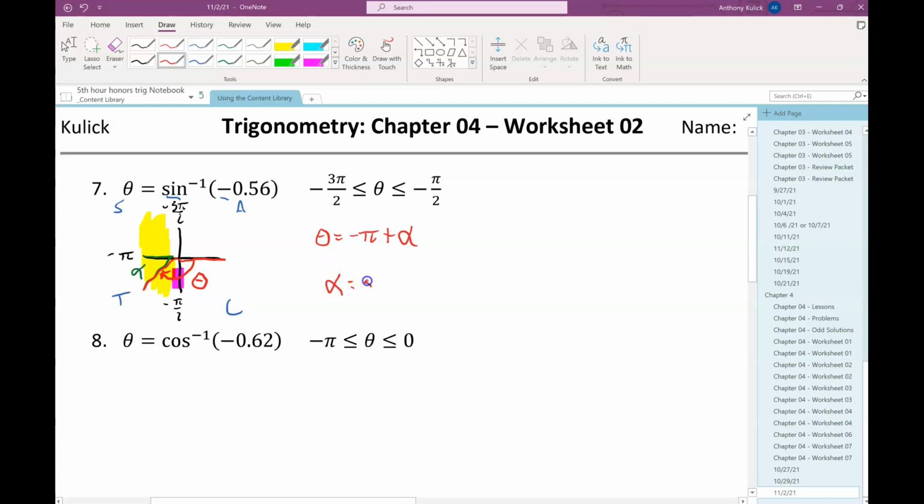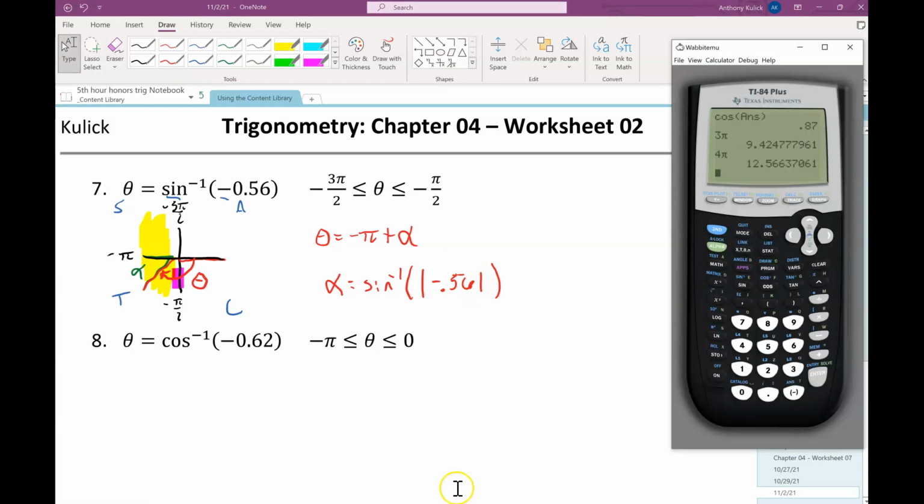Again, where alpha is sine inverse of the absolute value 0.56. So negative pi plus sine inverse 0.56. Again, I do the absolute value in my head. So I get negative 254, or I'm sorry, 255.